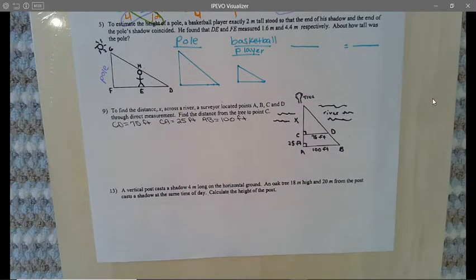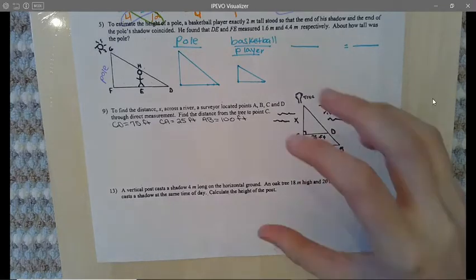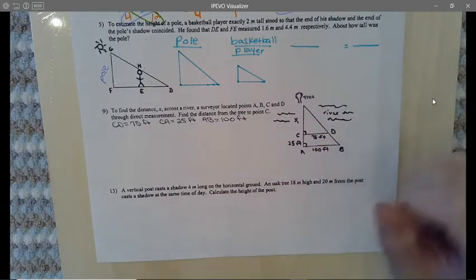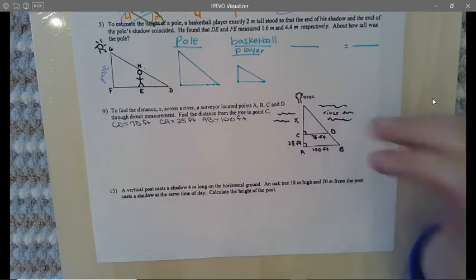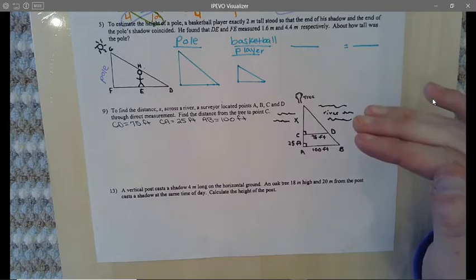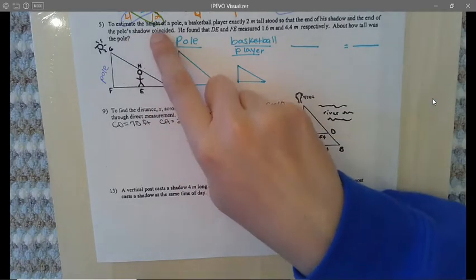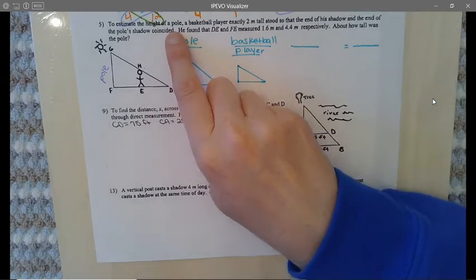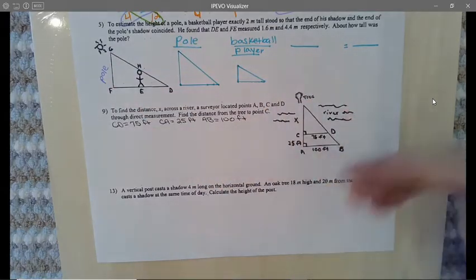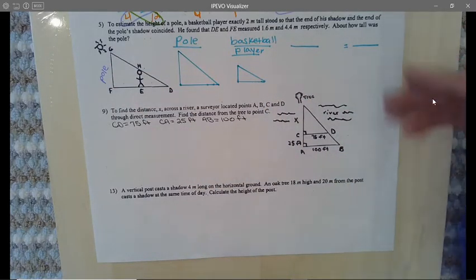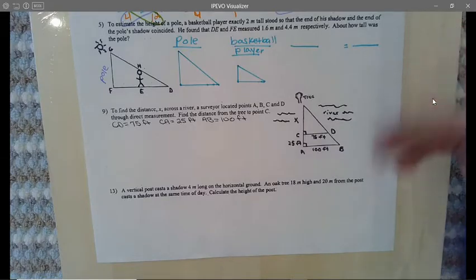Okay, so this is actually when similar triangles are used quite a bit in the real world. When you use something other than actually measuring something, this is called indirect measurement. It says to estimate the height of a pole. So we're trying to estimate the height of the pole using a comparison to someone else or something else.